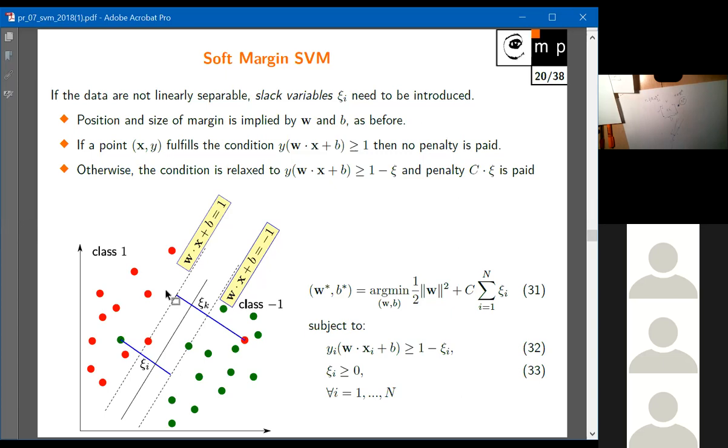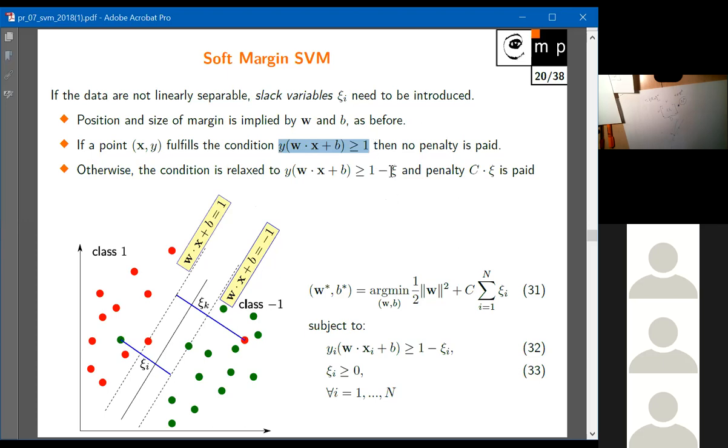Now we go to the second problem: what do we do when we have a non-separable case? We know from computational theory that finding the classifier which minimizes the number of errors is not computationally feasible. So what we do here is we introduce slack variables psi, because there's no feasible solution satisfying this constraint.